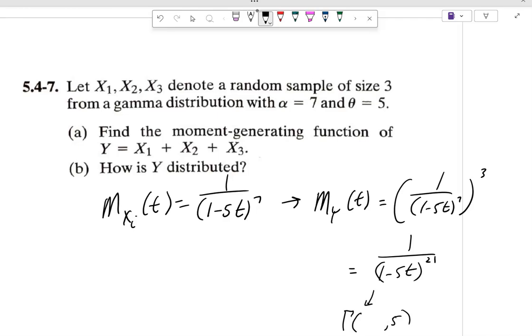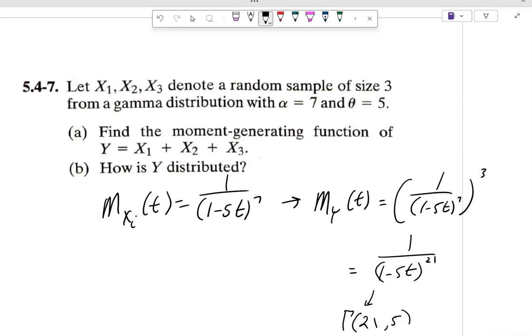Still the same theta, but the alpha now has tripled. And that's the only thing that's going to change. Instead, if you do n of these, you'll still have the same theta, but your alpha then becomes n times alpha. Does that make sense? So independent and identically distributed gammas together also make a gamma.